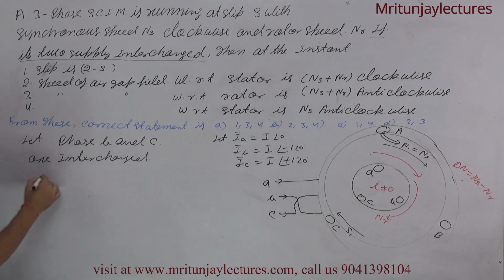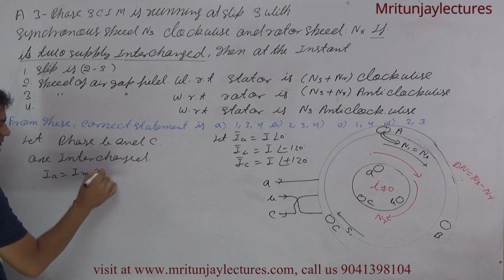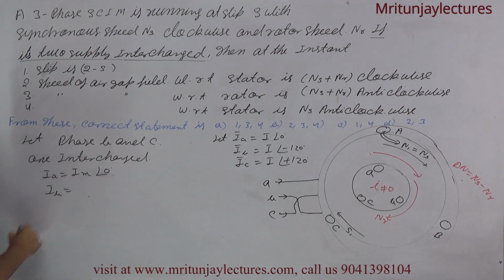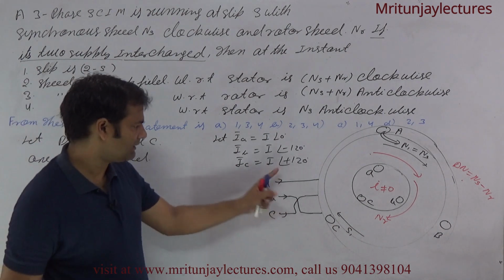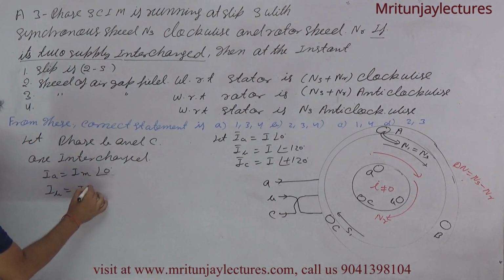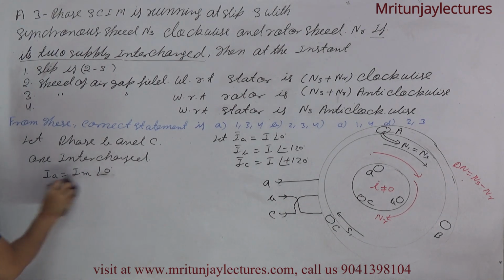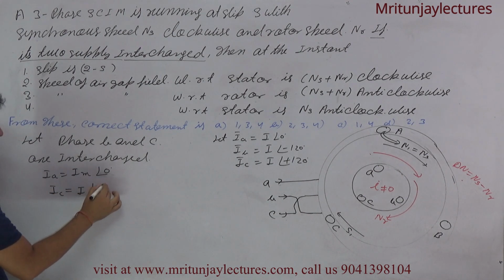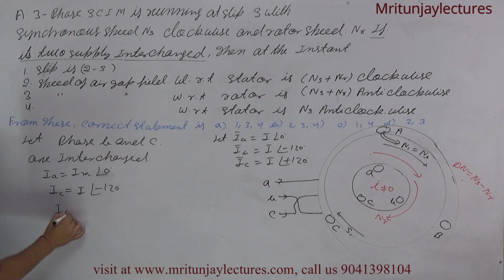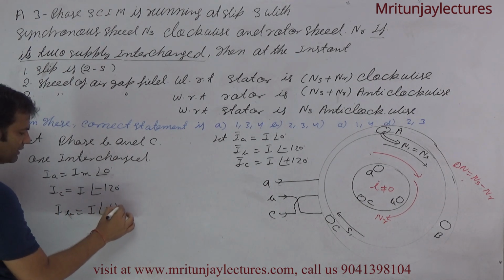Then what about IA? That is Im cos omega t, or you can say IA at the angle 0. And IB at that time is I at the angle plus 120 degrees, and IC is I at the angle minus 120. Written like this, IC is equal to I at the angle minus 120 and IB is equal to I at the angle plus 120.